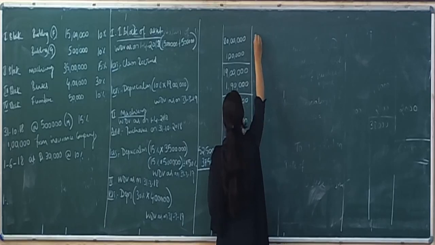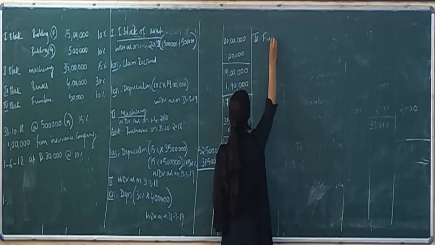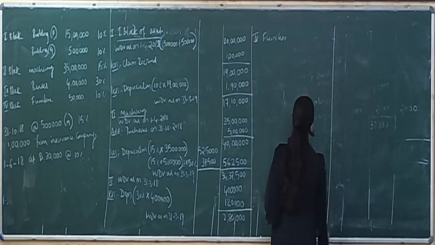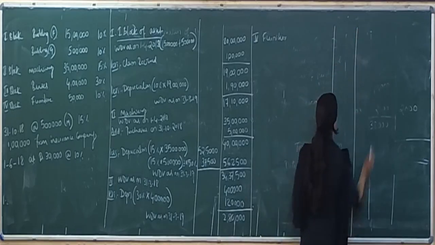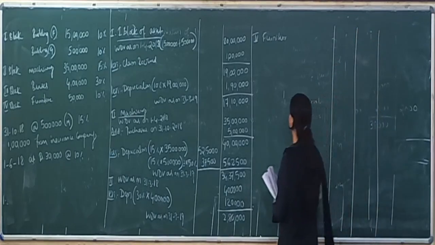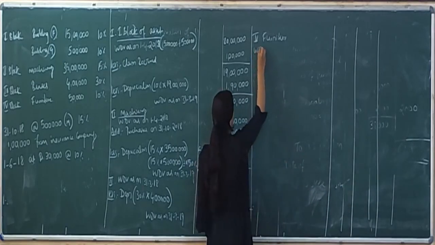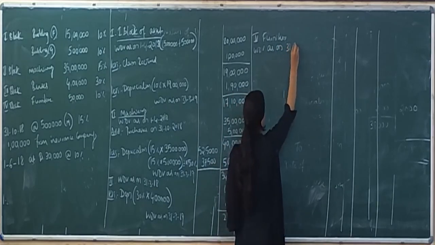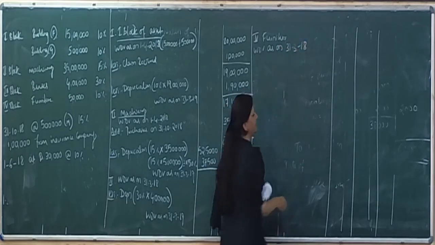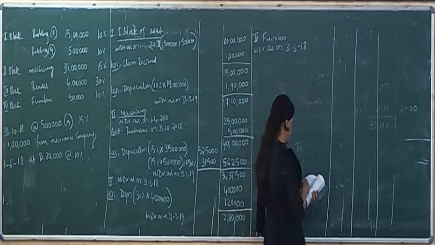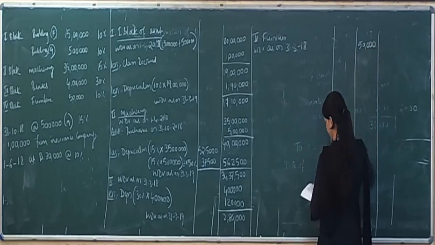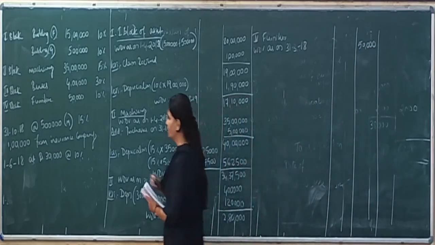Now furniture, so we will write. Right. So written down value of the furniture is 50,000.